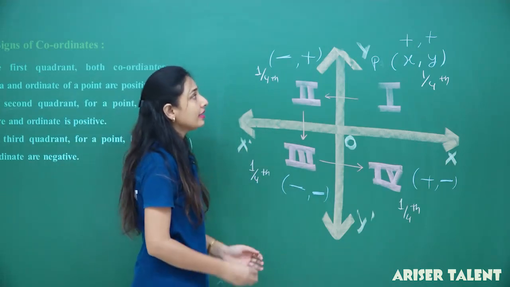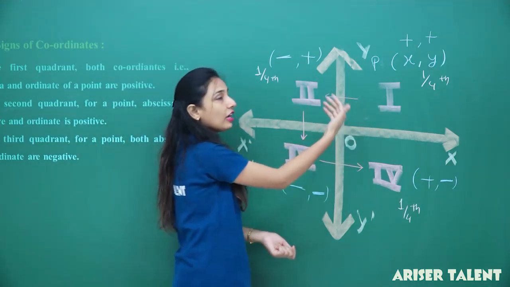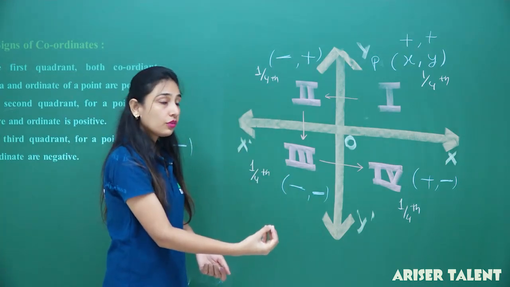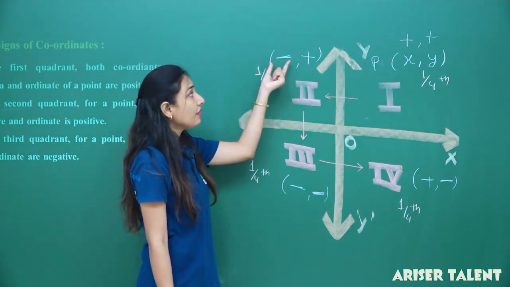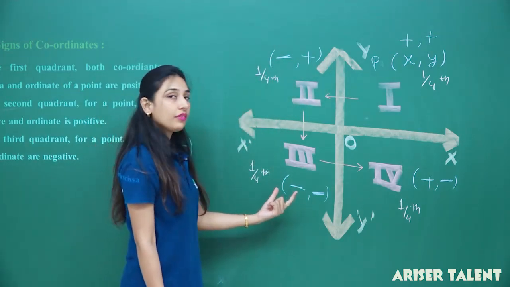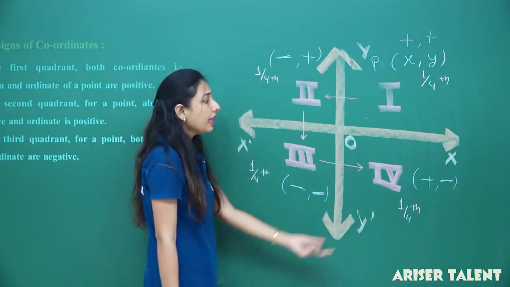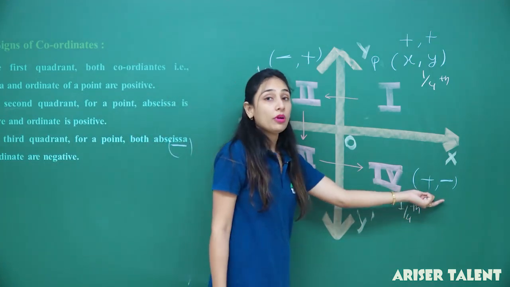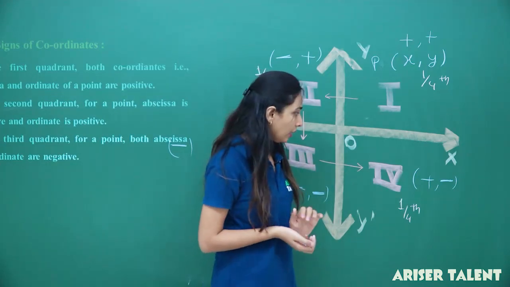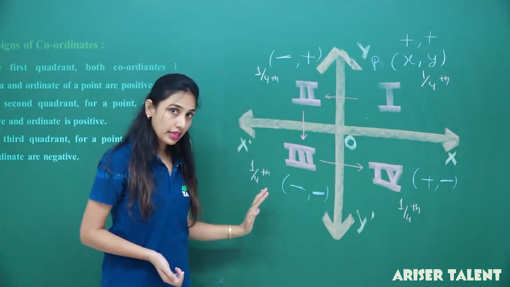So now understand this: in the first quadrant we have positive abscissa, positive ordinate. In the second we have negative abscissa, positive ordinate. In the third quadrant we have both negative abscissa and ordinate, and in the fourth we have positive abscissa and negative ordinate. Okay, so understood that.